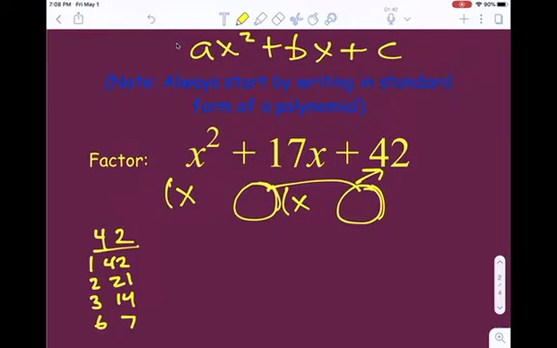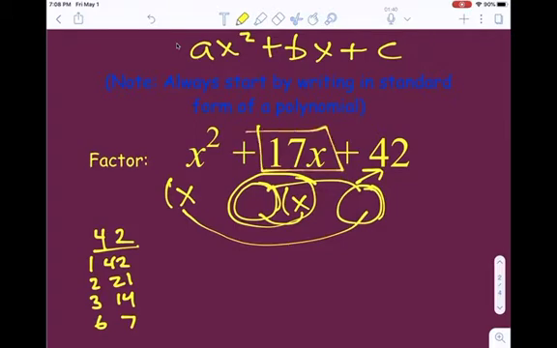The next thing we have to think about, because we've got 4 choices here, is that these two, when I multiply them together, I'm going to add them to get this 17x. So basically you're taking the two factors that you're multiplying to get 42 and you're adding them up to get this term right here.